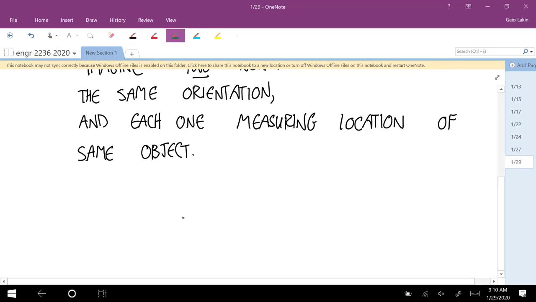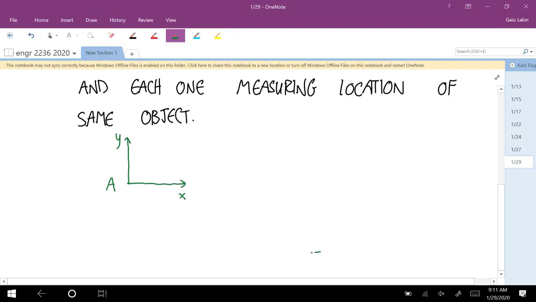So here's our first coordinate system. I'm going to call this coordinate system A. And here's our second coordinate system, coordinate system B. And the x-axes are pointing in the same direction. They agree on the direction of x and they agree on the direction of y.